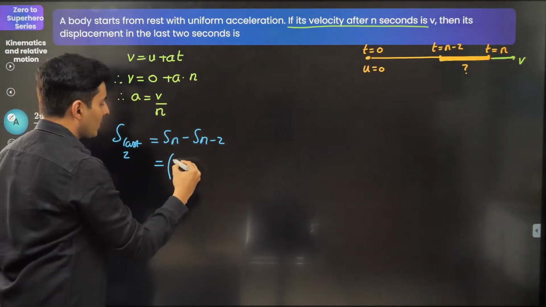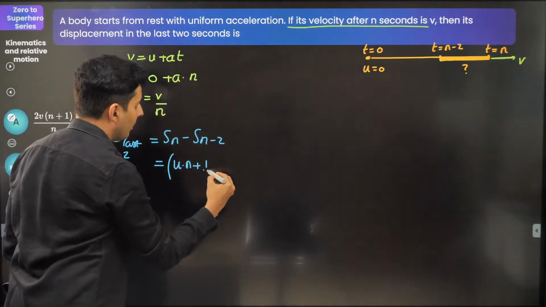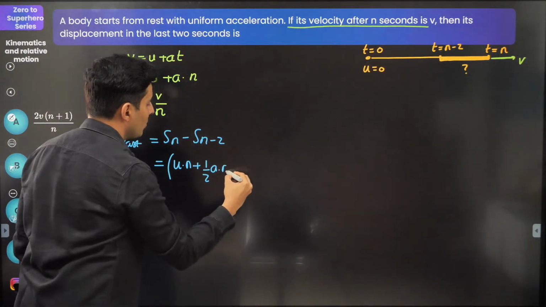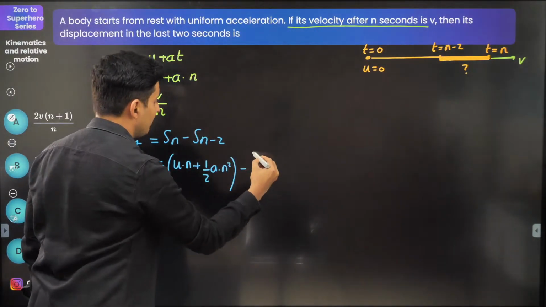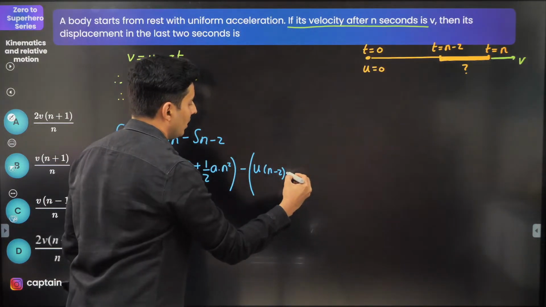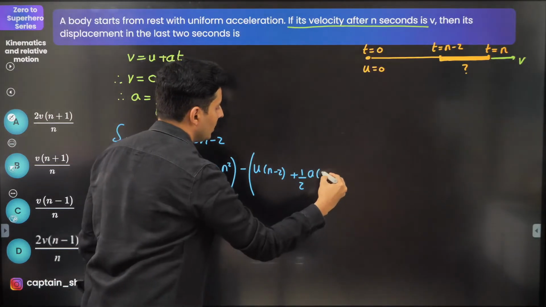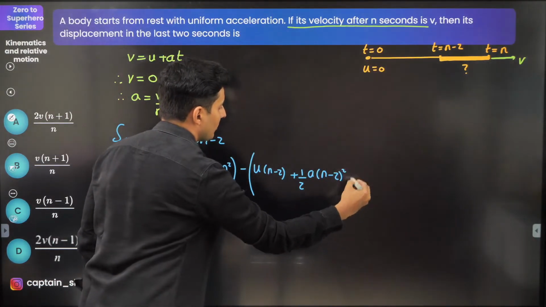What is Sn? It is ut, t is n, plus half acceleration into n square, minus Sn minus 2, which will be u into n minus 2, that's ut, plus half into a into n minus 2 whole square.